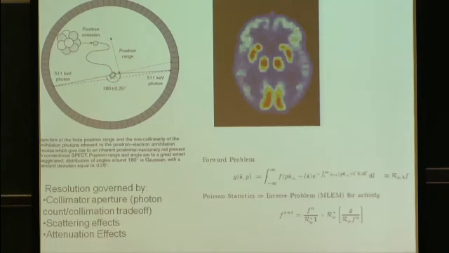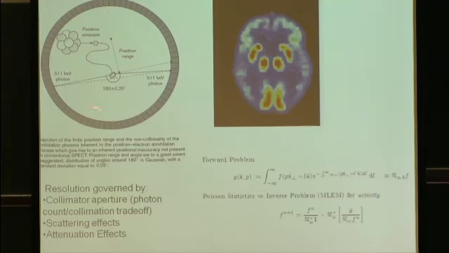That doesn't occur in SPECT. SPECT is just spontaneous emission of gamma rays instead of a positron, so we don't have this problem, but we have other problems because we don't get this simultaneous acquisition. The nice thing about positron emission is that every time you get an event here, you get an event here, so it helps us sort out where the photons are coming from.